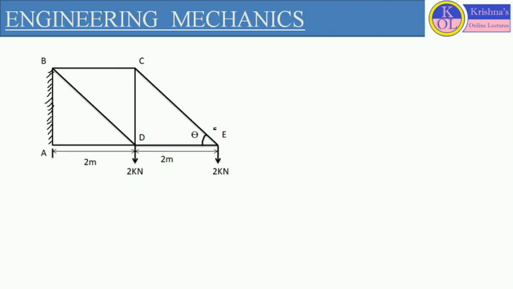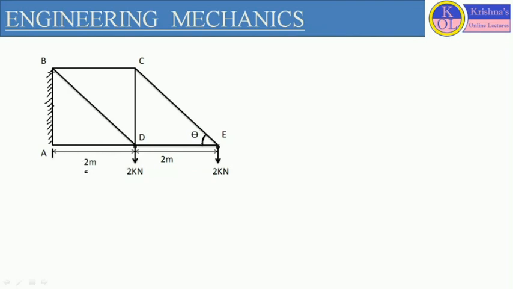So this is our truss, and here we have 2 external loads at point E and at point D, and some members are straight and some are inclined. The BD member is inclined and the CE member is inclined, and the angle of member CE with the horizontal member is given as theta, and dimensions are also given.